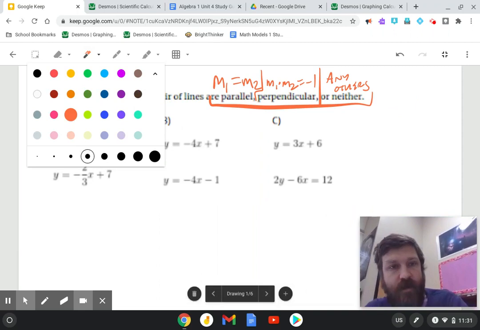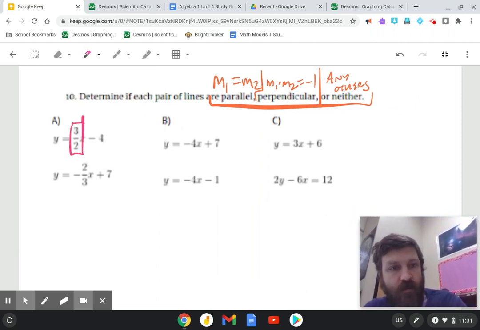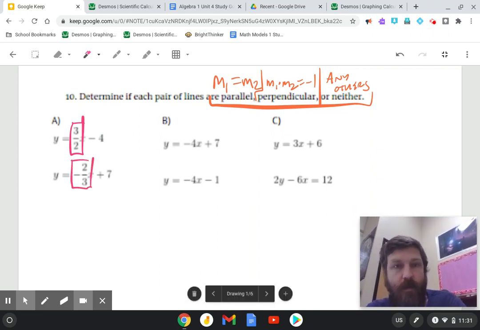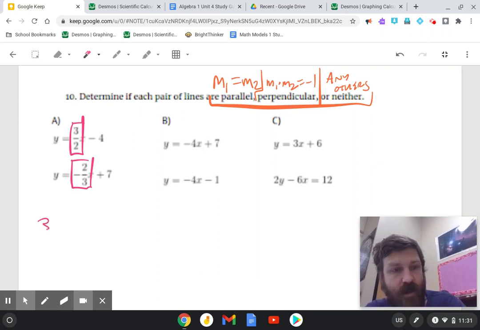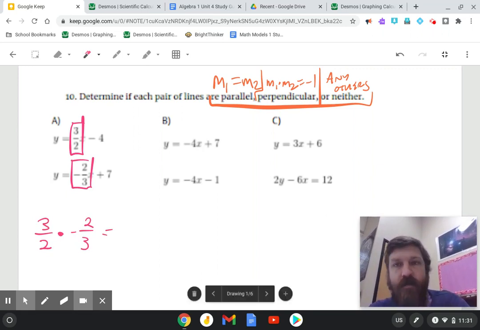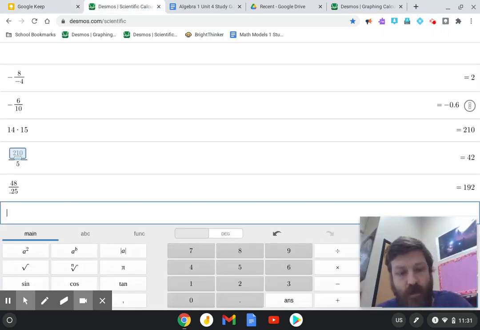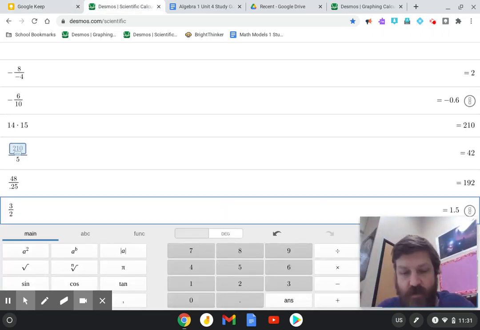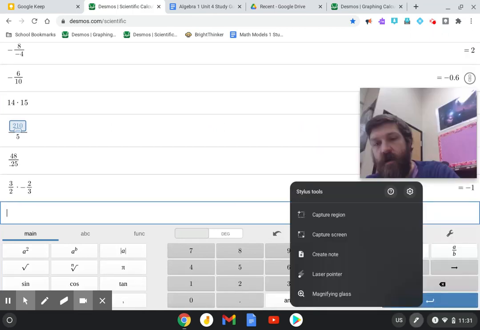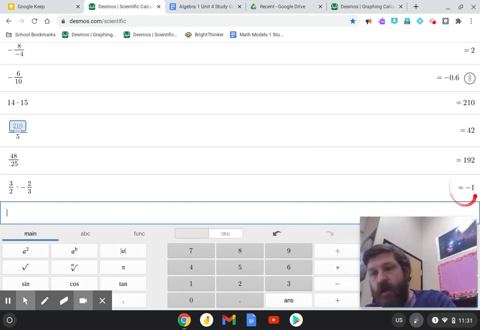So let's look at our problem here. We have 3 different lines that we need to look at. So we look at the slopes. So these slopes are not the same, so it can't be parallel. And so we take them and we multiply the slopes. 3/2 times -2/3, and I get an answer of -1.